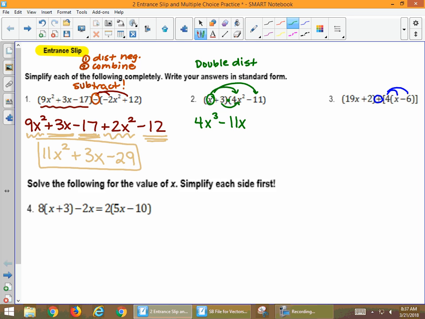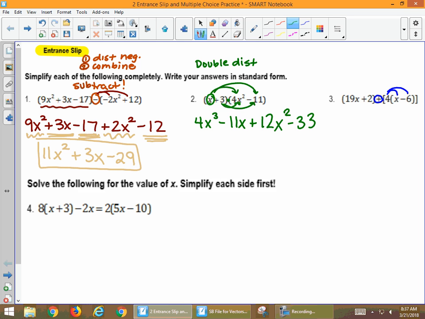Now I need to do the same thing with a positive 3. 3 times 4x squared. Just like on your Exponent Rules quiz yesterday, multiply the bigs, add the littles. 3 times 4 is 12, and you just have the x squared. And 3 times negative 11 is negative 33. That is a fine answer.